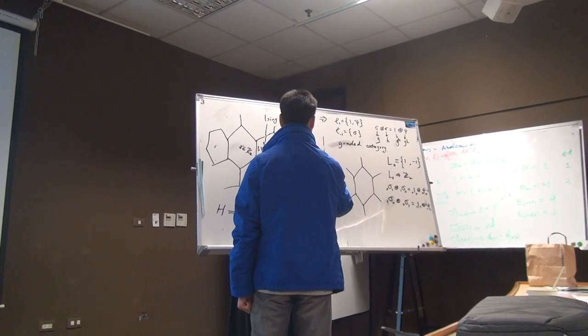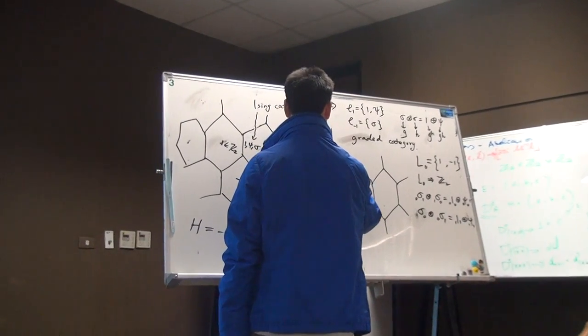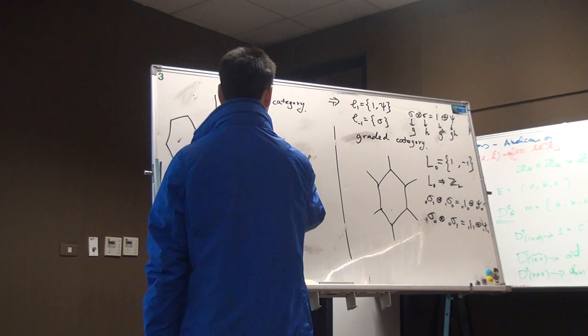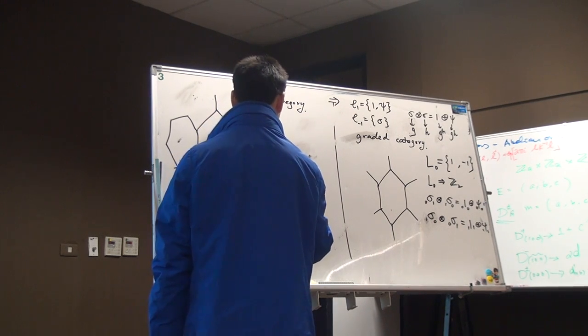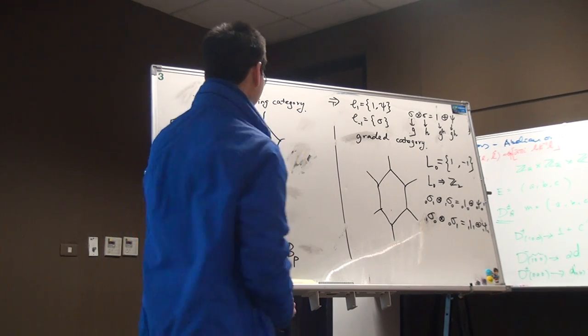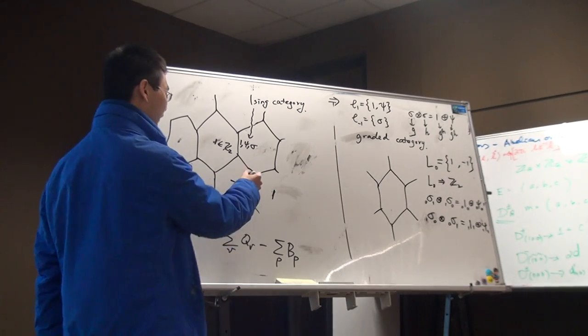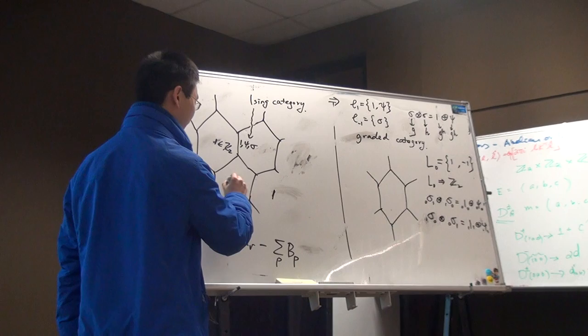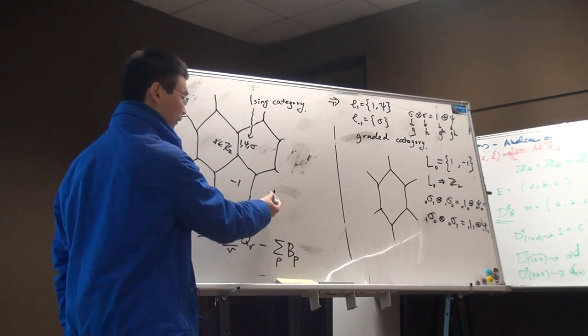So now, if we have -1 here and we have 1 here, then the link has a grading determined by the two group elements on both sides of the link.